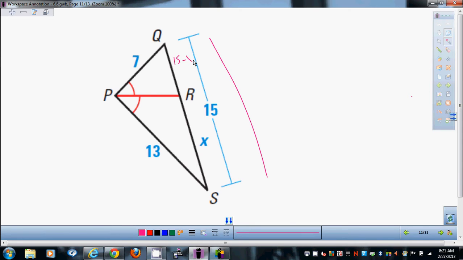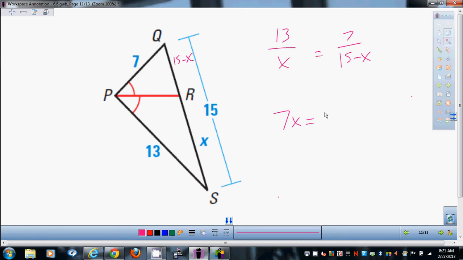Now, once you have it set up like that, the exact same as the last few. Trip, how would you set this up now? That will work. Then you have to cross multiply again. 7x equals 13 times 15, somebody. 13 times 15? 195.